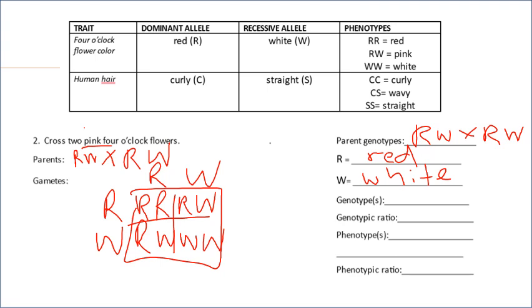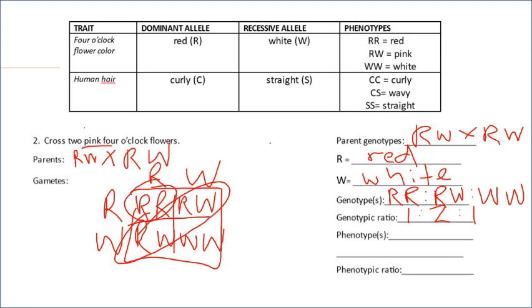There's a lot of genotypes if you look at these. So there's RR, I'd write that once. There's RW, there's 2 of them, by the way. And then last but not least, there's WW. This would be a 1 to 2 to 1 ratio.